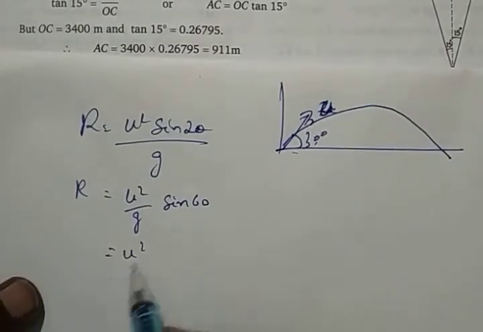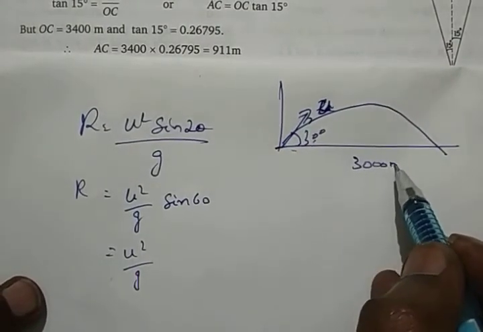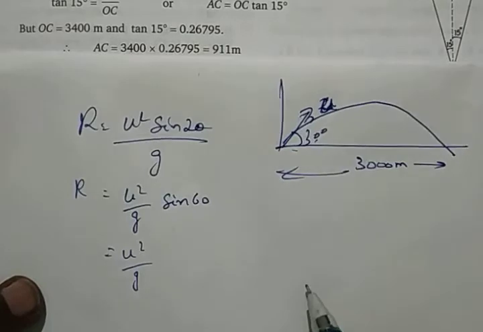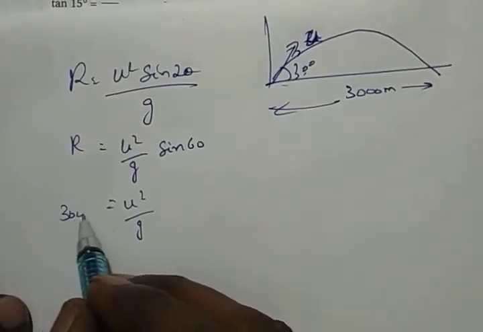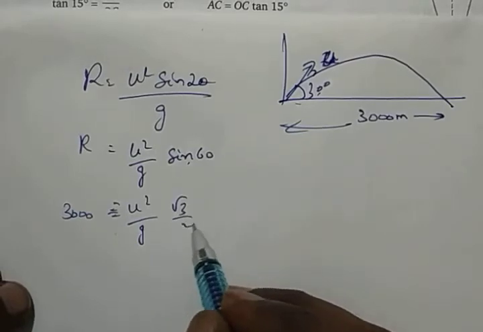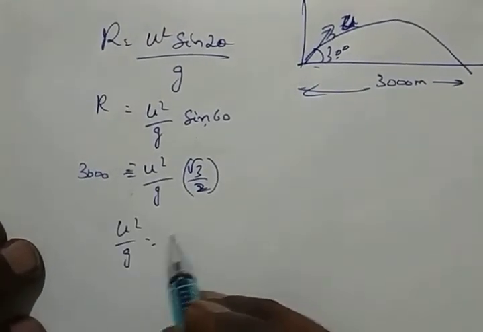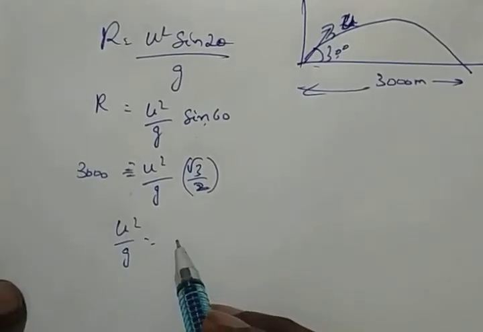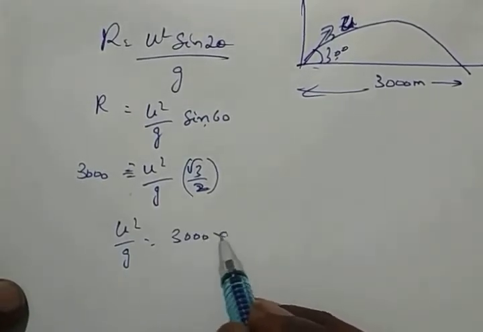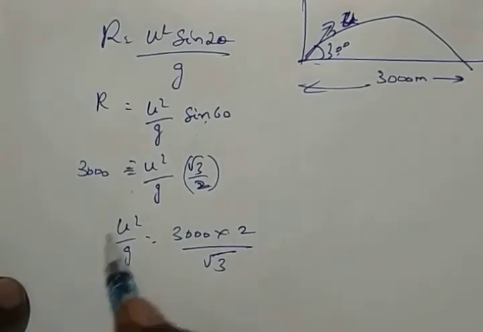This is how much? 3000 meters is given. So 3000 is equal to this much. What is sine 60? Root 3 by 2. So U square upon g is equal to, cross multiplying, 3000 into 2 upon root 3. So this is the equation here.